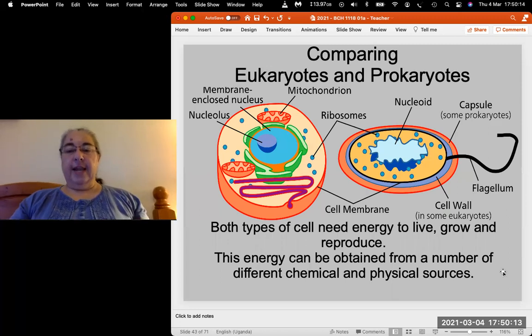Both types of cell have similar needs. They both need energy to live and grow and reproduce. To obtain that energy, they have to get it from a number of different sources, chemical and physical sources. So they both have a need for energy and to make use of energy sources.